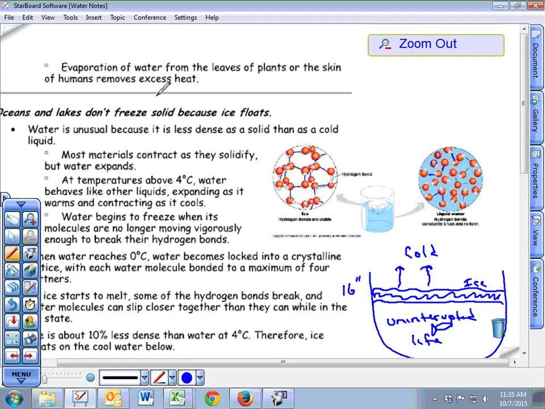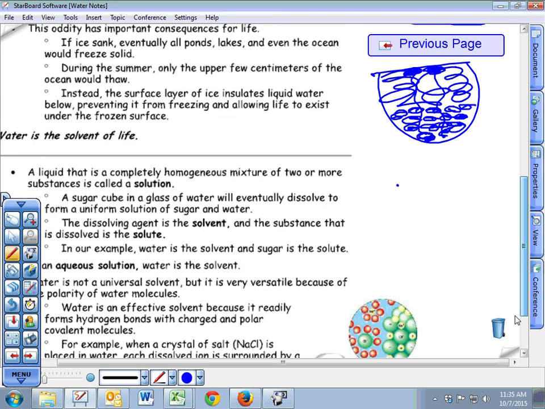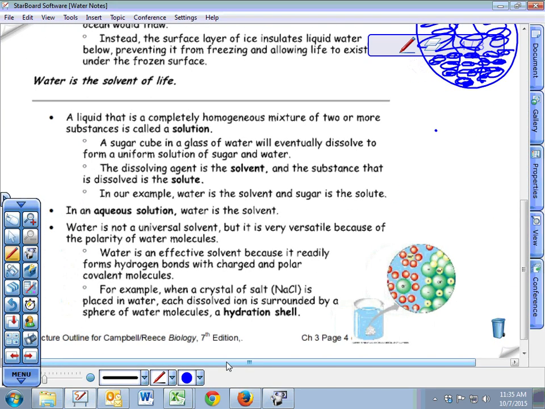Next. Hydration shells. Water is the solvent of life. There's a reason why we are so excited when we find water on other planets. They just recently found liquid water on Mars. Okay, it's more like mildly damp dirt.